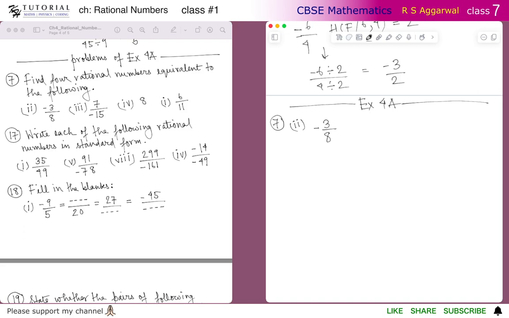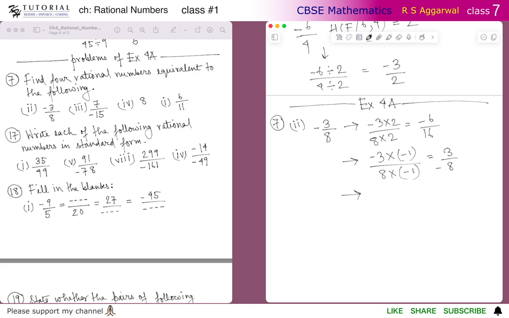So one could be, I multiply both the numerator and the denominator by 2 and I get minus 6 by 16. This is an equivalent rational number. Or let's say I multiply minus 3 by minus 1, this gives 3 by minus 8. This is also an equivalent rational number.